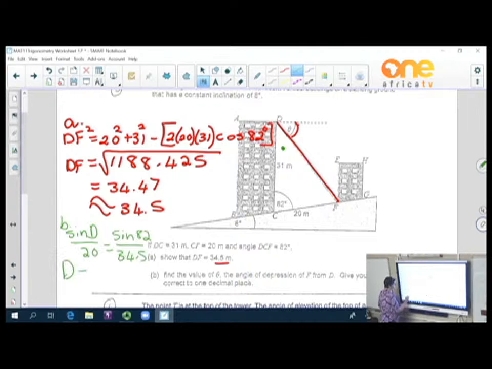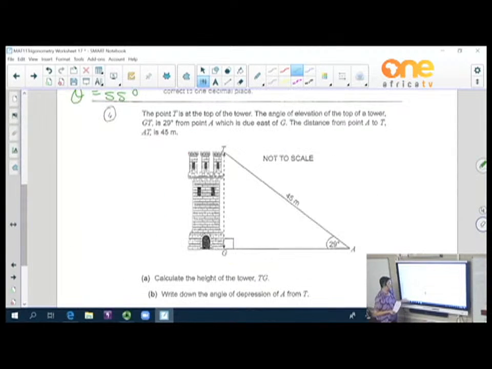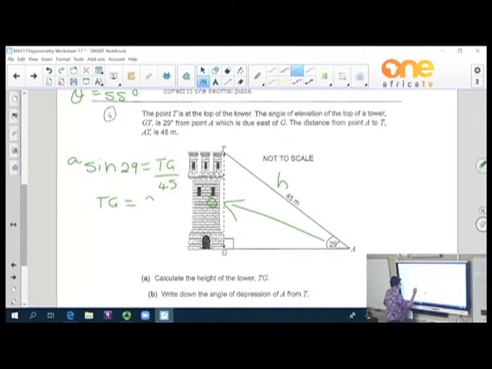So angle D is then equal to, you cross 5 degrees. But now 5. And my final answer then, this is just a right angle triangle. Calculate the height. 29 is equal to, and it is 21.8 of depression. This one is, I hope you are ready for the test then tomorrow.